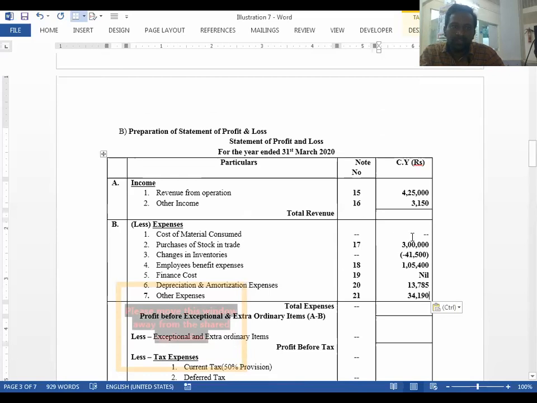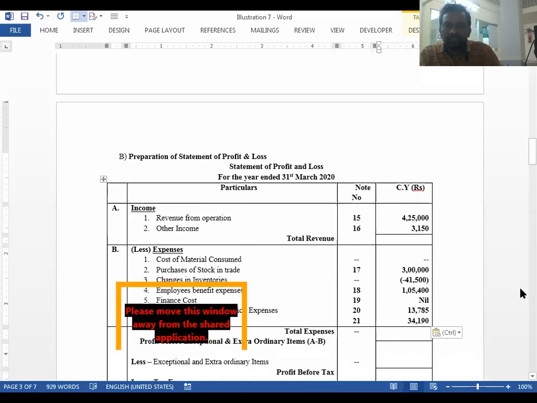Now totaling total A and total B. Total revenue is 4,25,000 and 3,150, that means 4,28,150 is the total revenue, right?